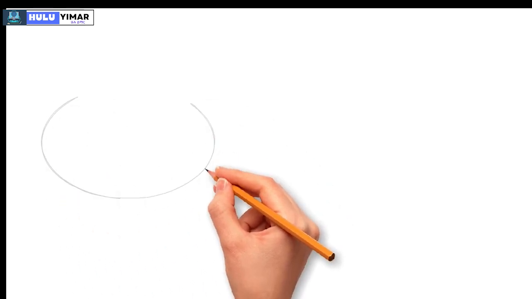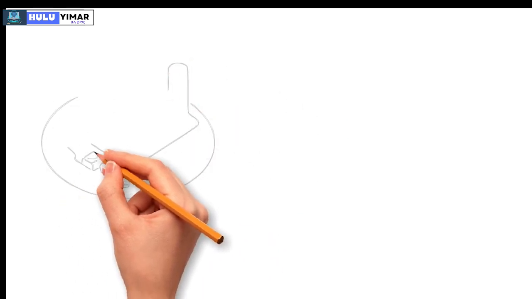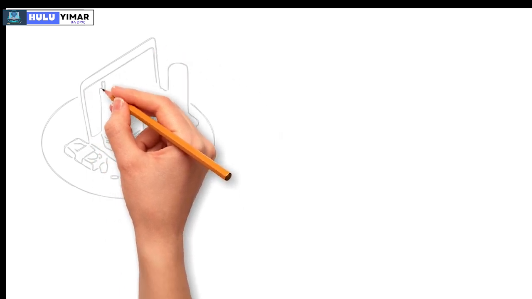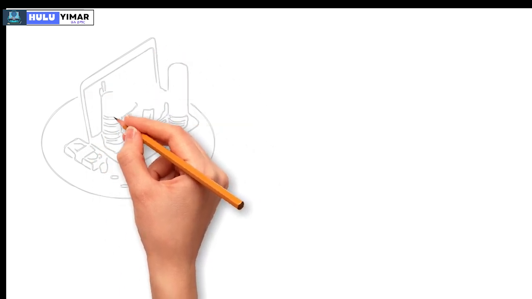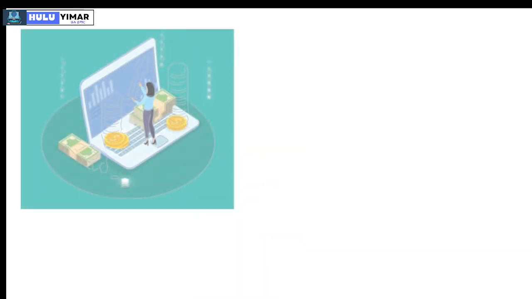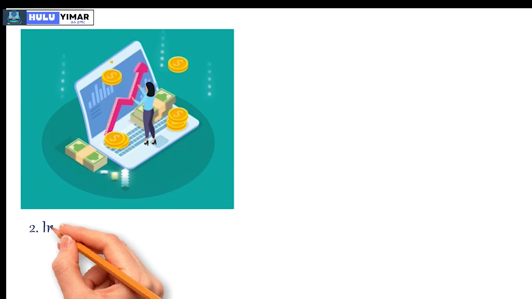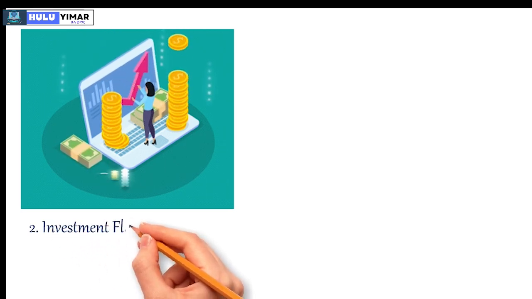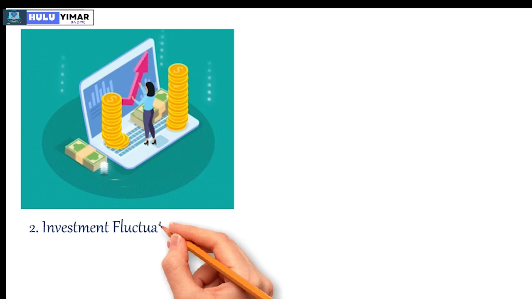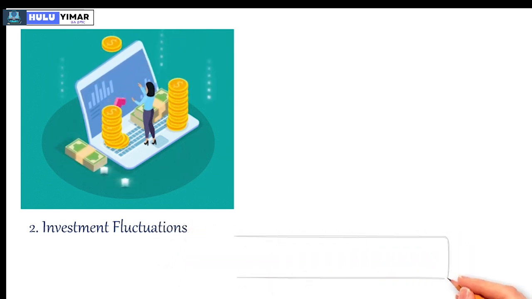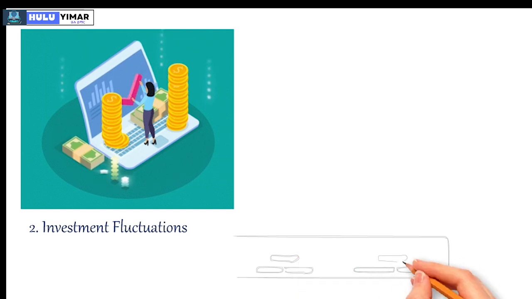The second internal factor that may affect the business cycle is investment fluctuation. Any change in investment may lead to change in total output. That means a change in investment levels driven by factors such as interest rate, profit expectation, business confidence, and other factors can significantly impact economic activities so that they fluctuate.